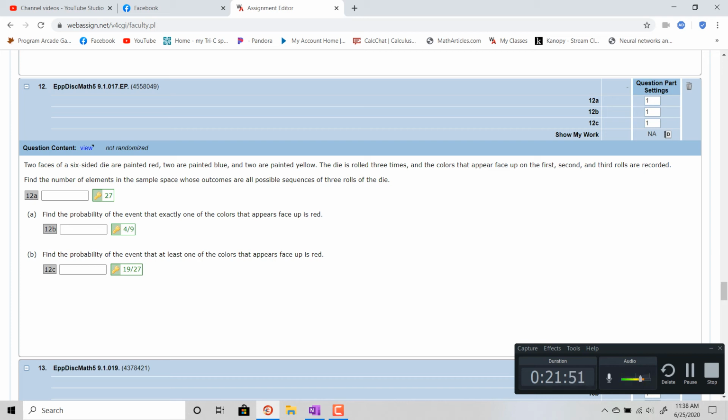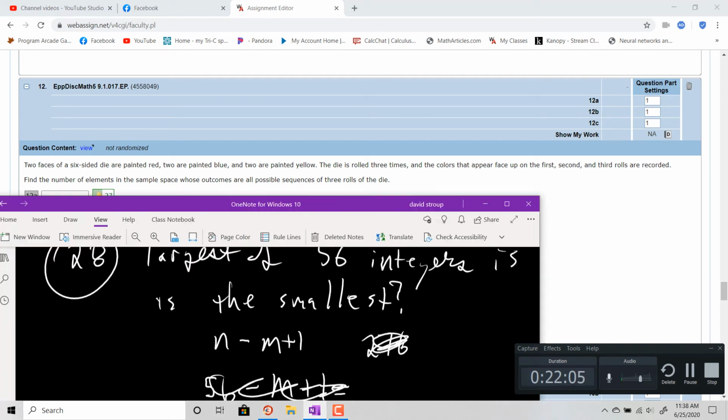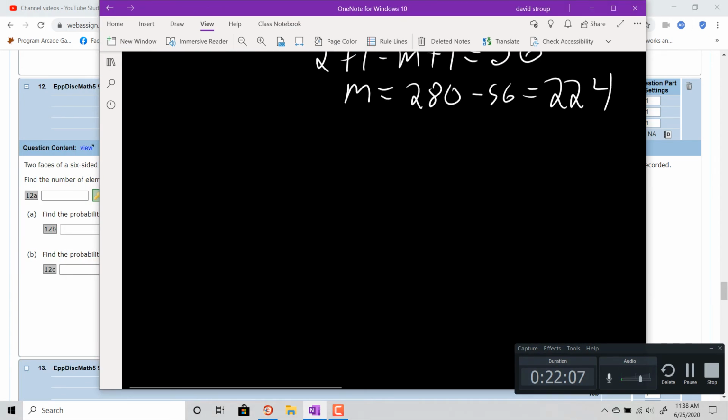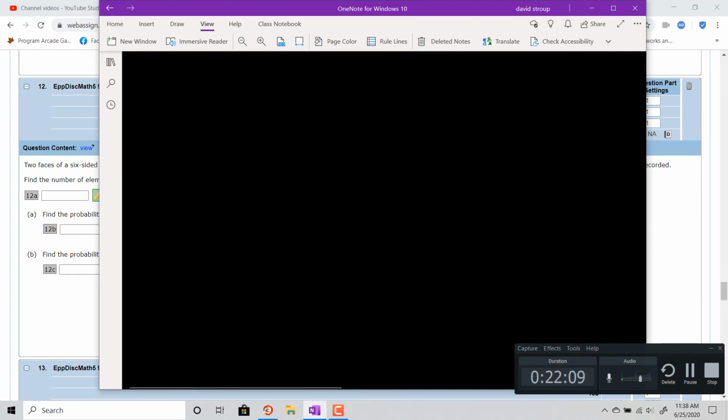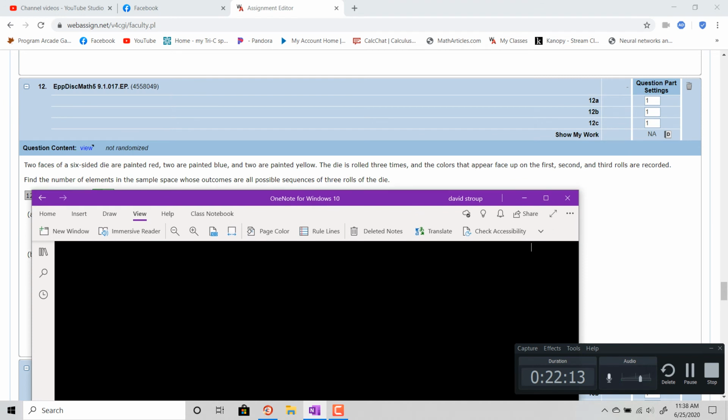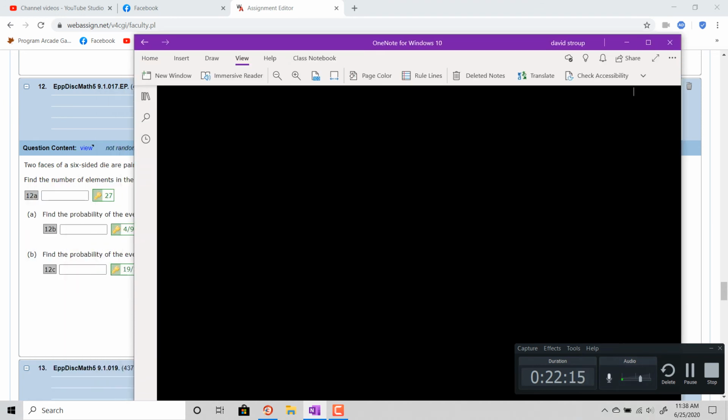Okay, so anyways, once we've established that, we can roll the thing, and so what are the possible outcomes in our sample space if we have these 3 colors? Let me go back to my notes here. So what are the colors? Red, blue, and yellow.